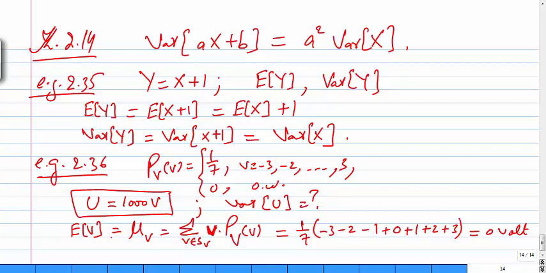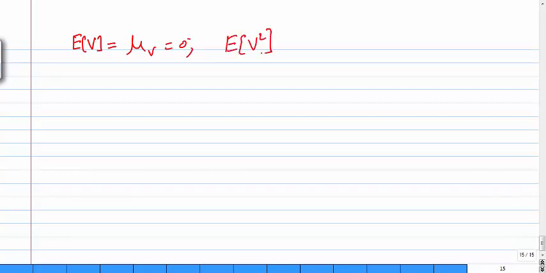Now the next thing we have to do is, so we know that expected value of v, which is mu of v, is equal to 0. Now we have to calculate expected value of v square for calculating the variance. So for v square, same thing.